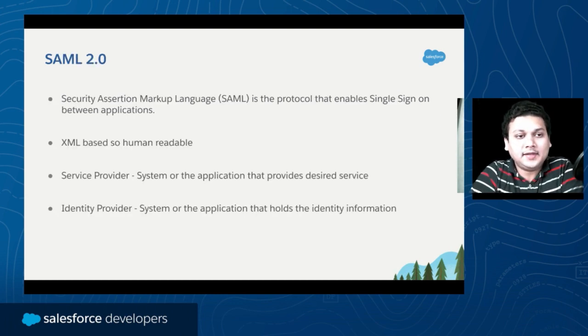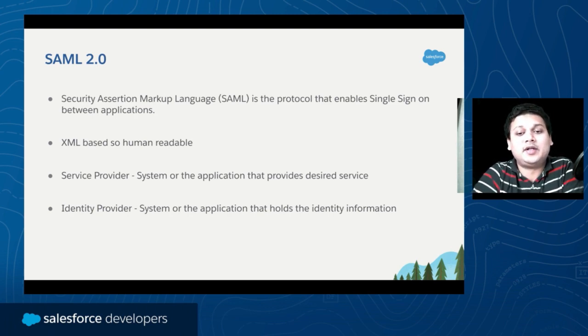Now, what is SAML 2.0? SAML 2.0 is the Security Assertion Markup Language. It is simply a protocol that enables single sign-on between applications. It is XML based, so it is human readable, and we'll soon explore what a service provider is and what an identity provider is. A service provider in simple terms is a system or application that provides your desired service.